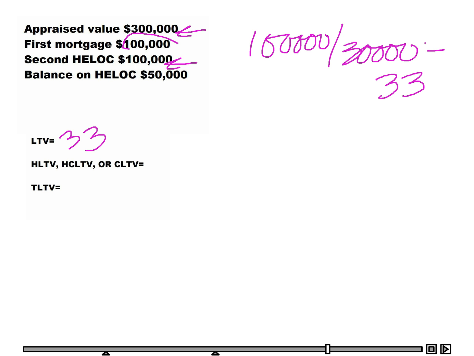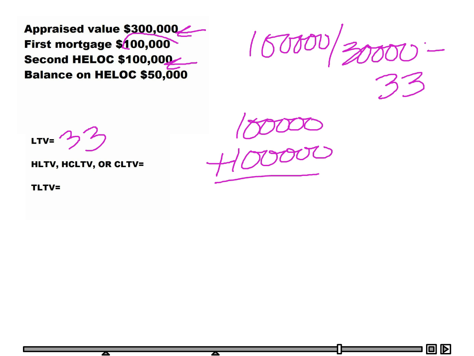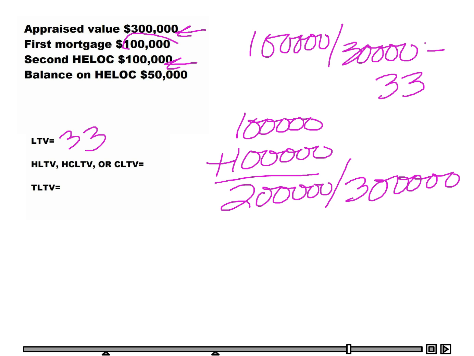So that math calculation becomes $100,000, which is the first mortgage amount, plus the maximum amount of the second mortgage, or the line of credit, which is also $100,000. That gives us a total of $200,000. Then divide that by the appraised value, or the purchase price, whichever is lower, and that in this instance gives us an HLTV, HCLTV, or CLTV of 66%.